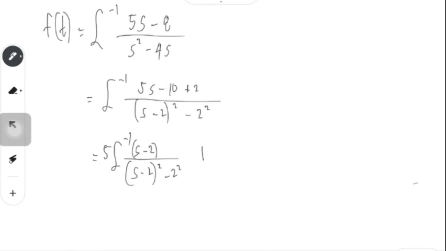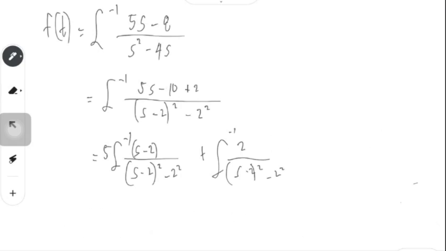Then the other one, we have here 2, the inverse Laplace transform of 1 over (s minus 2) squared minus 2 squared. So dito wala na tayong problema sa first term.